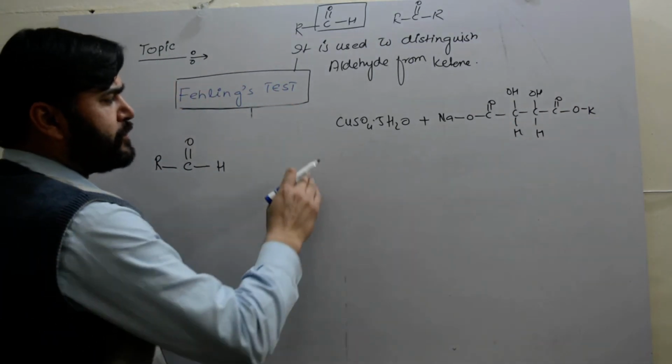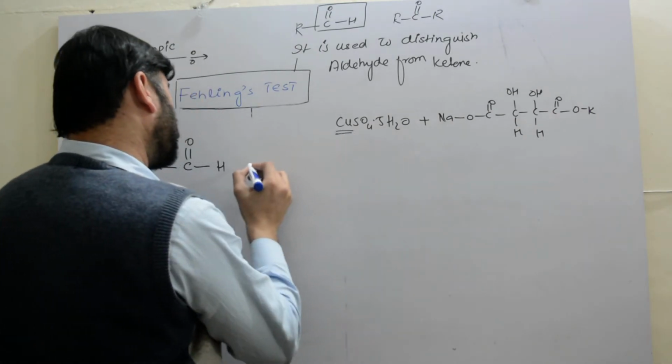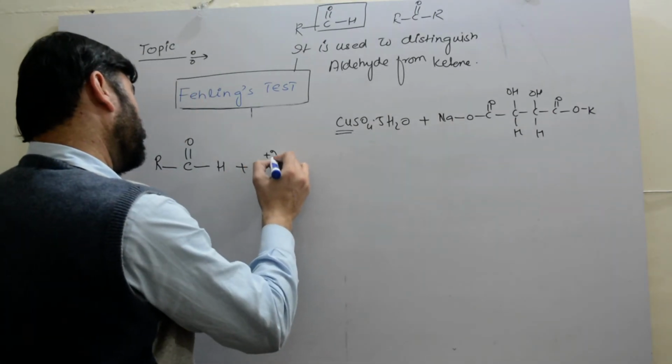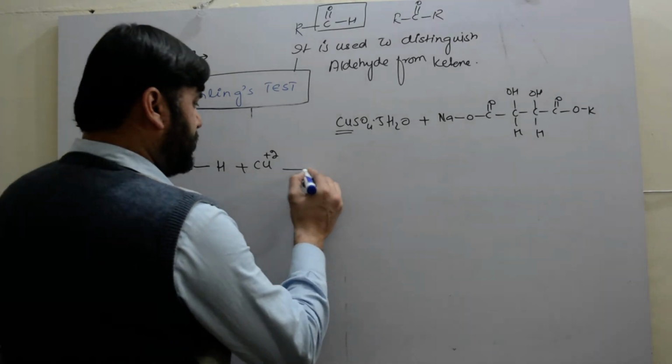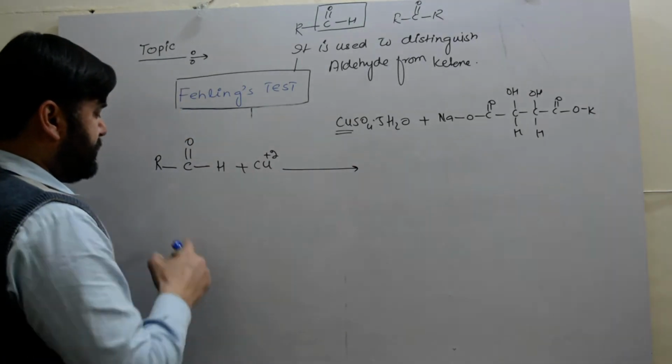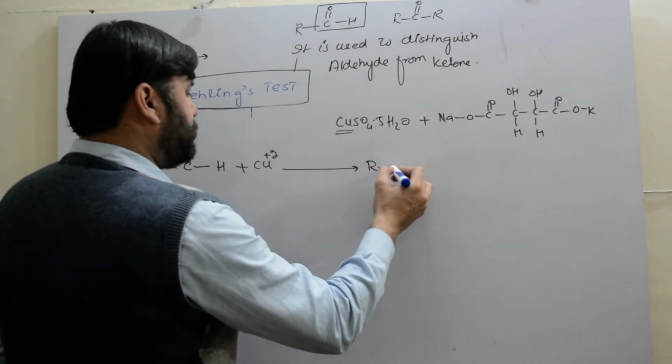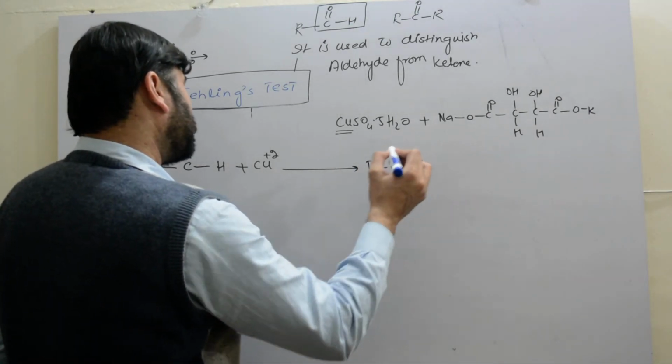You need not write the whole thing, just take out only copper, Cu plus 2. Now see what will happen in the solution.